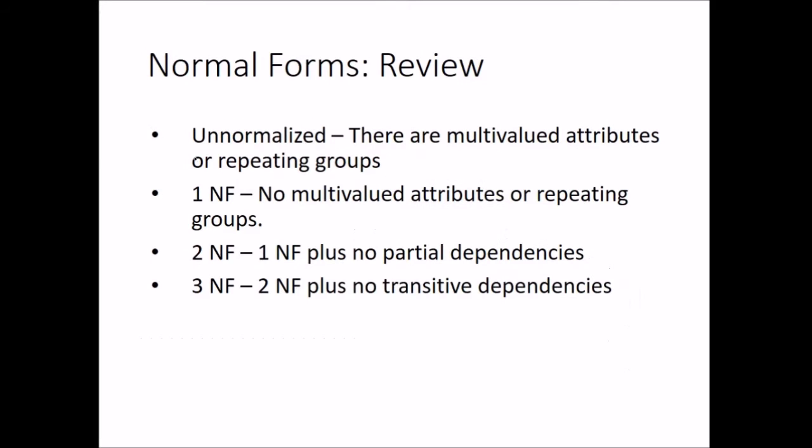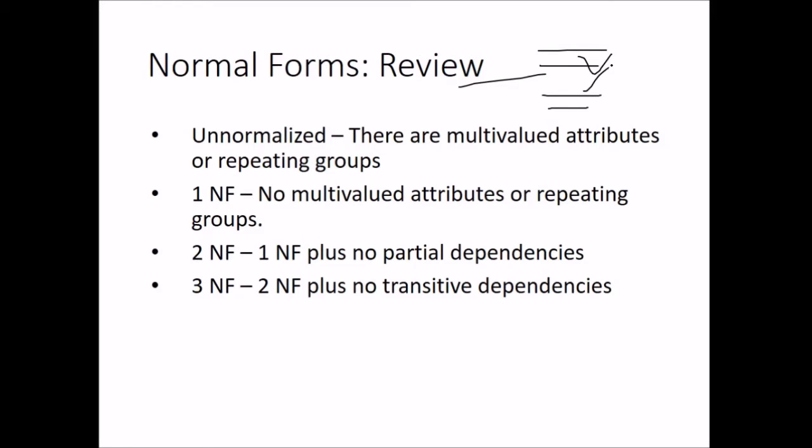Right? So let us review these normal forms. First is unnormalized. A database is said to be unnormalized when there are multi-valued attributes, as we have just seen, or repeating groups. If you have tuples, meaning the rows, that are identical, we say they are repeating groups.